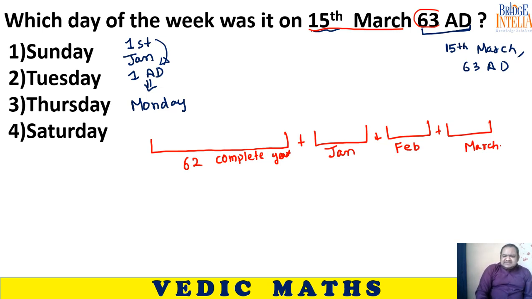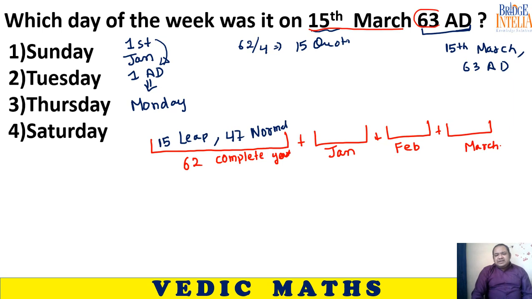In these 62 years, how many leap years would there be? Divide 62 by 4, you will see that 15 is the quotient. 15 leap years. And obviously the remaining 47 are normal years.